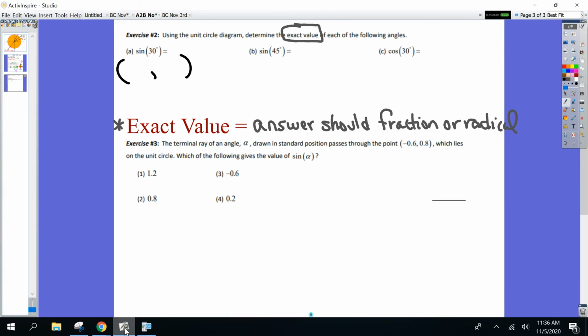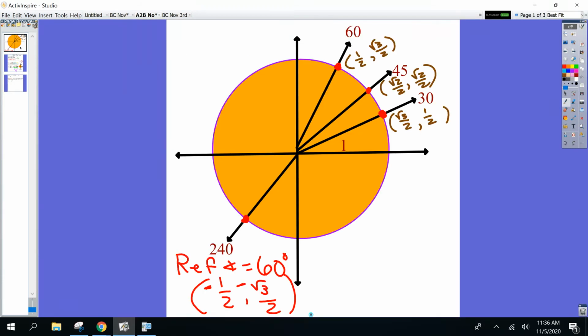It was pi over 6, way back. That's not what I'm asking for. I've got it up on the screen here. You see the point I have at 30? At 30 degrees, it's radical 3 over 2, comma 1/2.